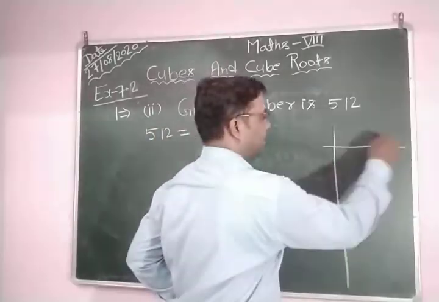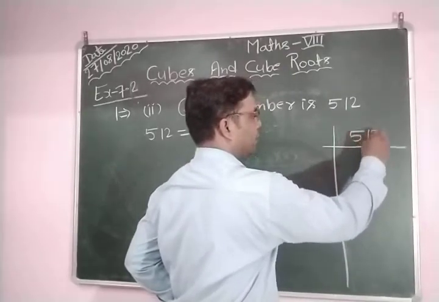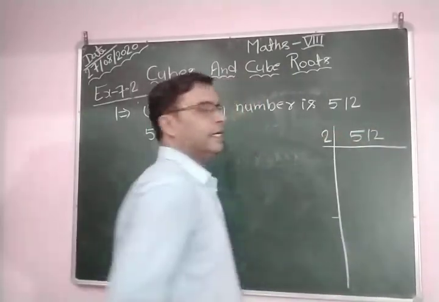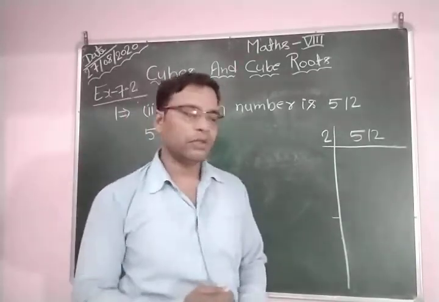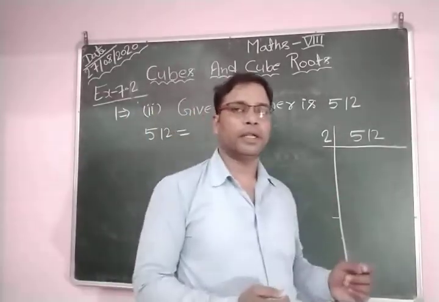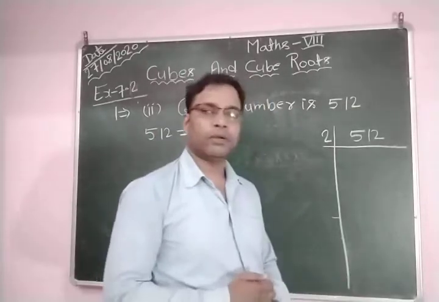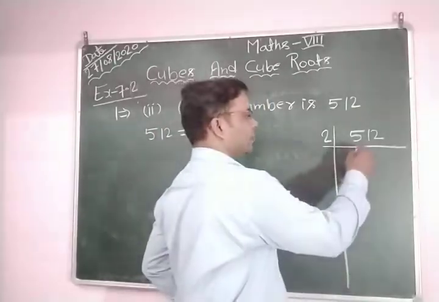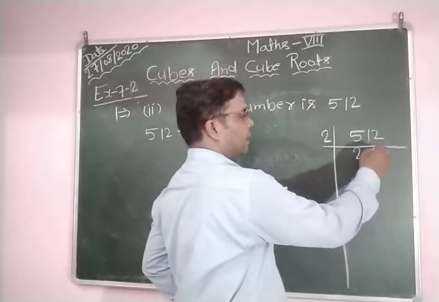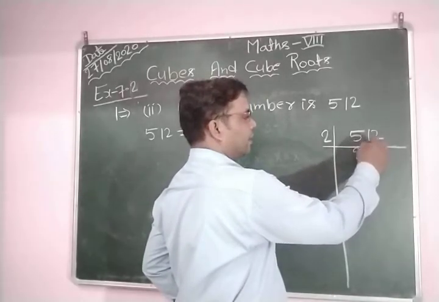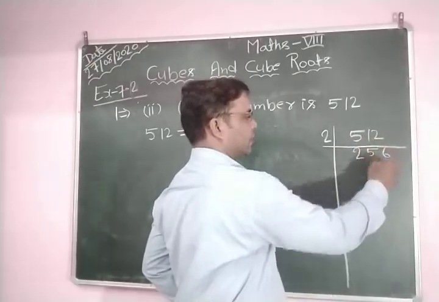First we write 512. After this we divide it by the smallest prime number. The smallest prime number is 2, which divides 512. If you divide 512 by 2, we obtain 256.